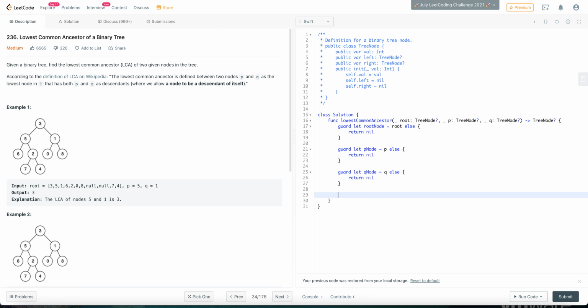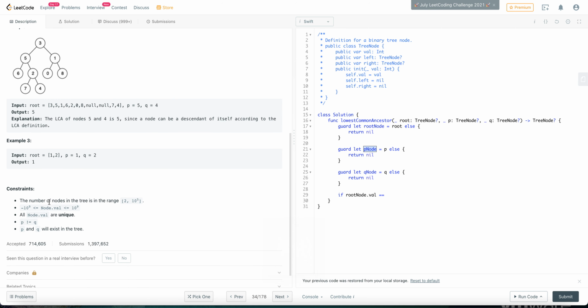And if the root node is the same as any one of the nodes, in that case you will say their lowest common ancestor is that root node. Like if rootNode.value is equal to pNode.value, because here we are checking the value, as there is a condition that node values are unique, p is not equal to q, and p and q will exist in the tree.